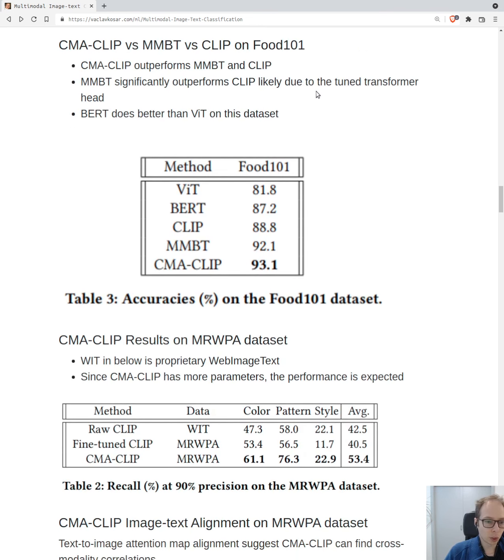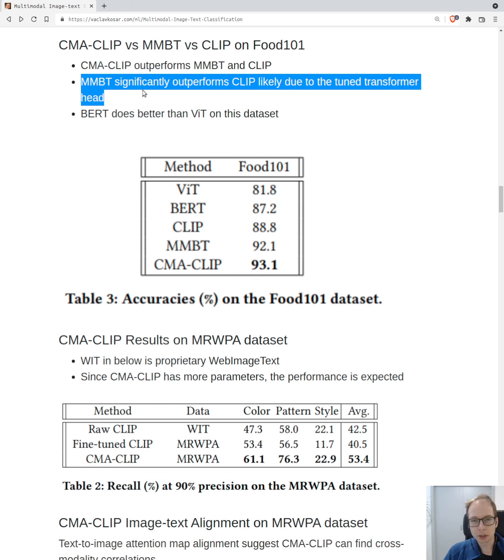Okay, on Food 101, CMA Clip outperforms MMBT, but by just a small margin. By just 1%: MMBT is 92, CMA Clip is 93. It seems that this task is rather close to saturated. There will still be some noise in the dataset, and so we are very close to this dataset not being useful.